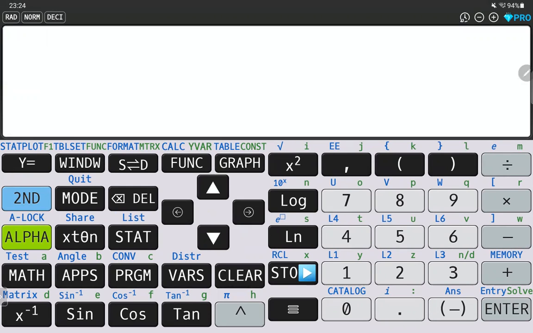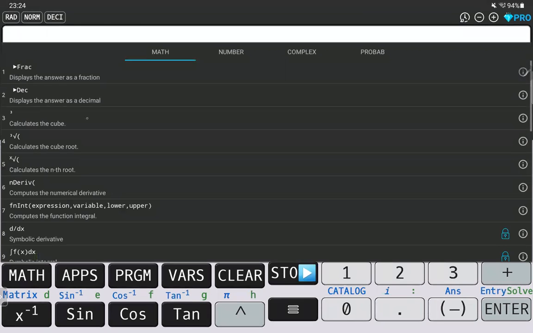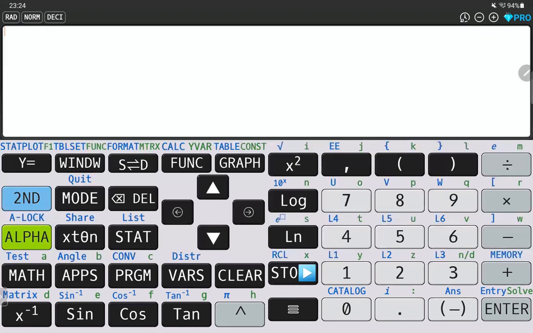The first one is the square root. Okay, must be under here. Oh, there it is. It's up here in blue. So second square root, and then it's 73. Okay, so you can see that's 8.544.